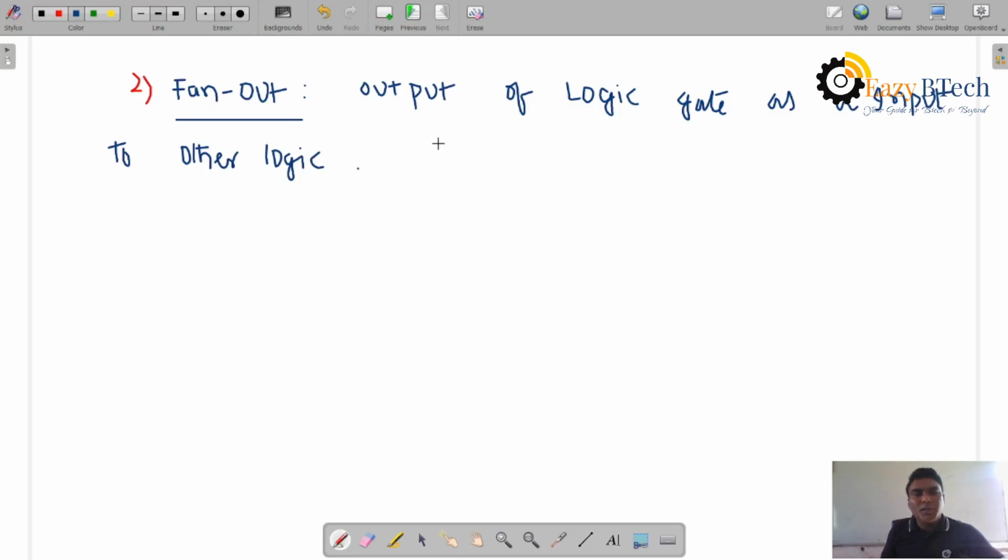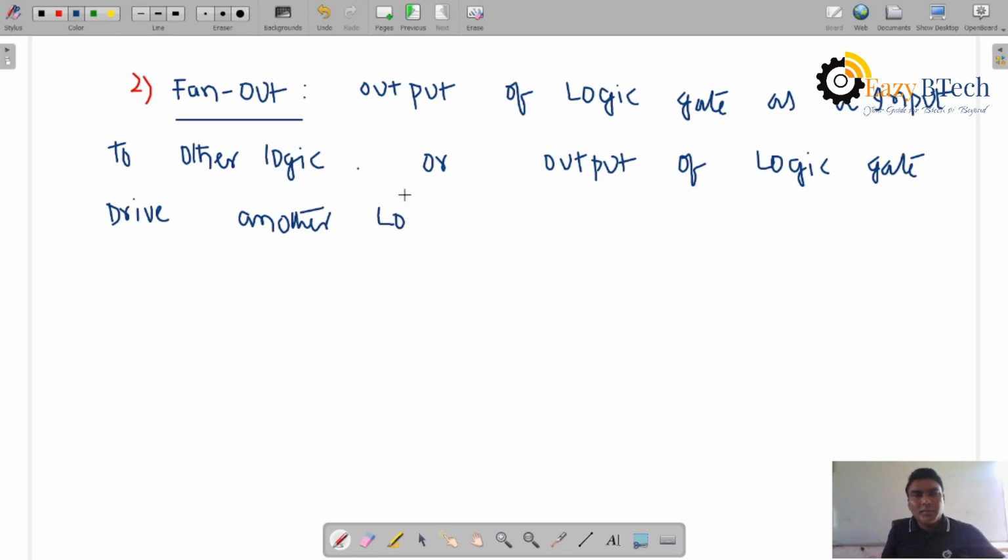Or we can say the output of a logic gate drives another logic gate as an input. The output of a logic gate as an input to another logic gate.